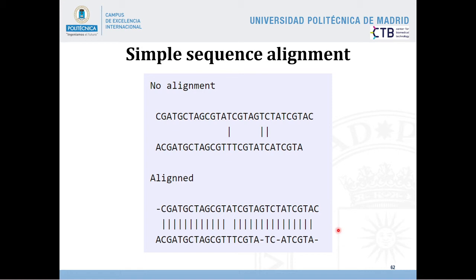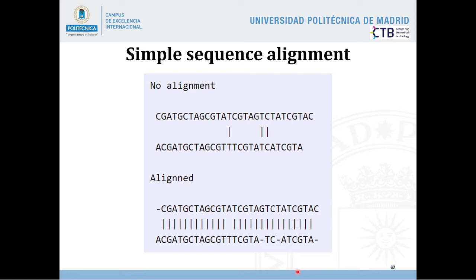You can see that gaps can complicate the alignments. It would be very easy to just align two sequences by the first nucleotide, and that's all. But considering gaps, for example, here we have one and here we have another, can make that computation task very difficult, because we could have gaps wherever.